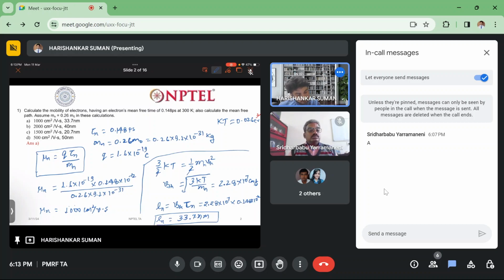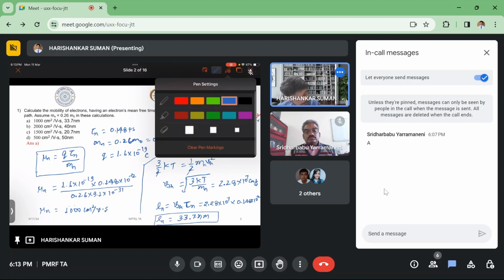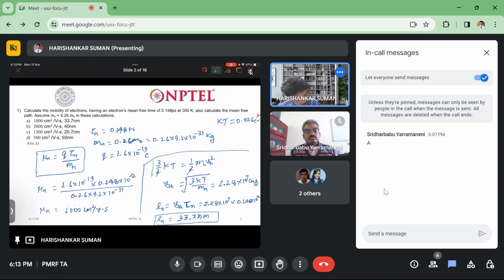This is the concept. Three by two kT, and this is also a formula. Please remember. Transparency is very low.